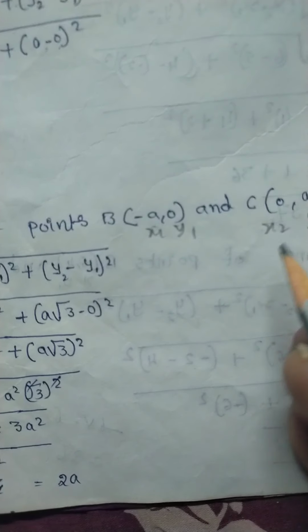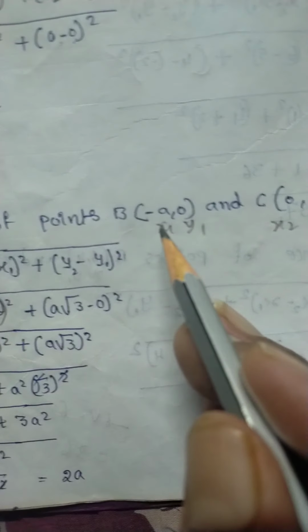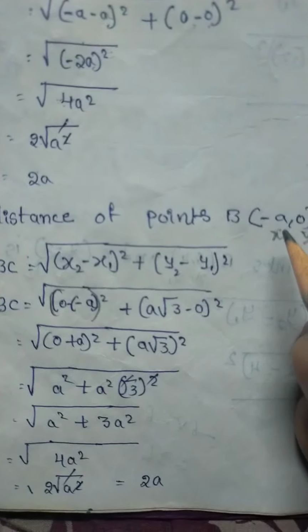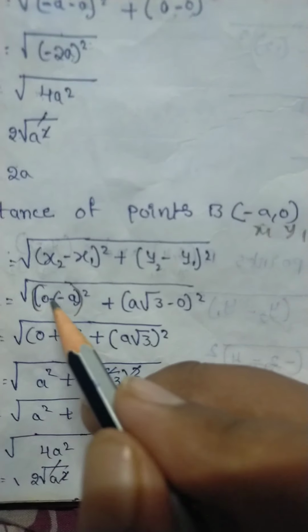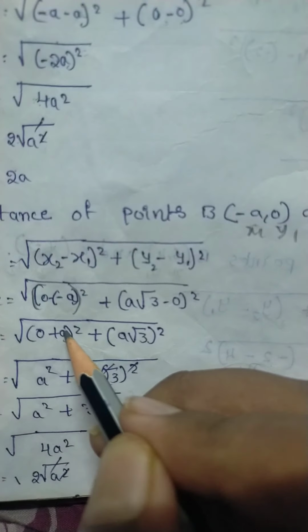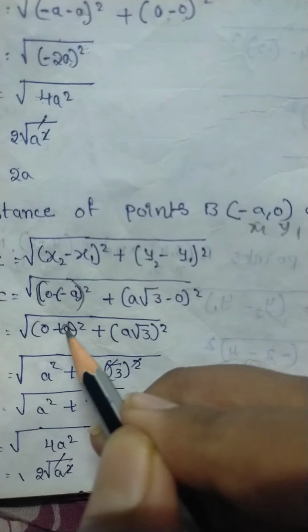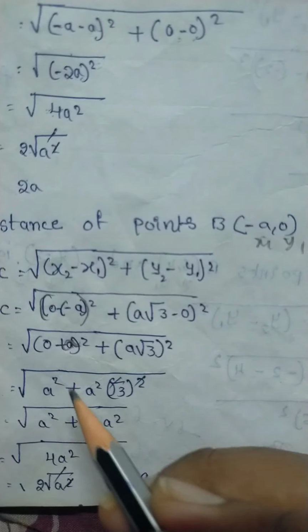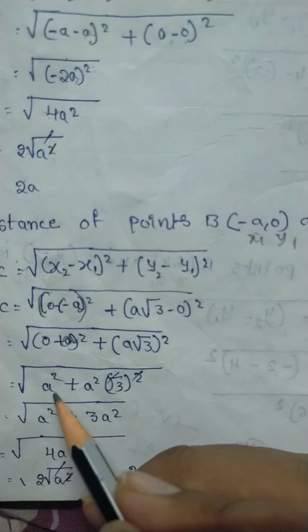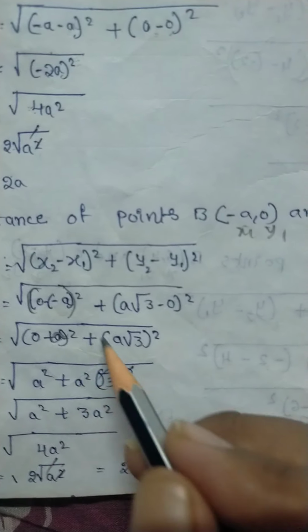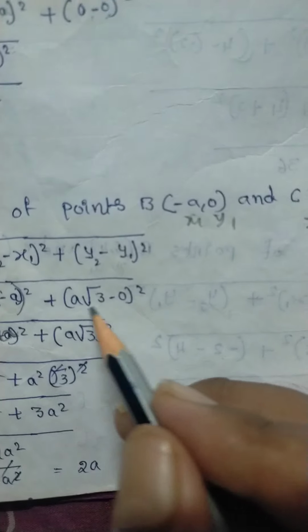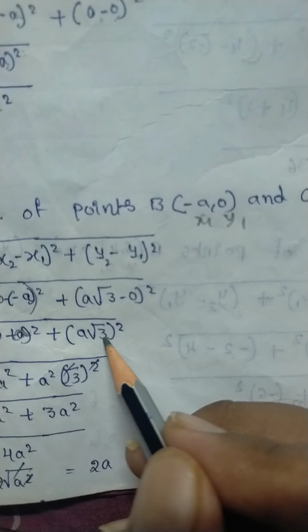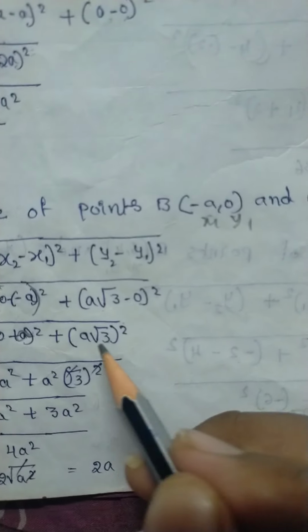Here 0 minus of minus a is plus a, so (a) whole square plus (a root 3 minus 0) whole square.